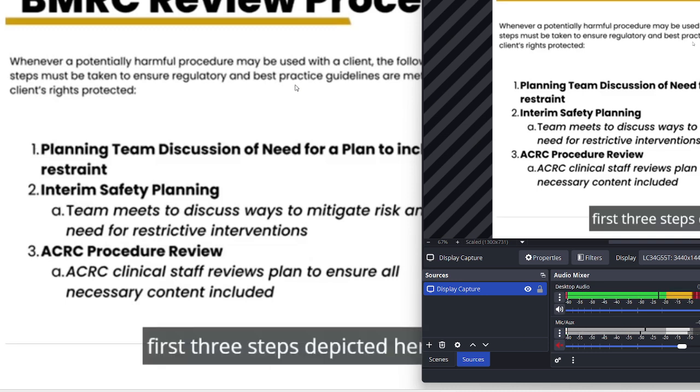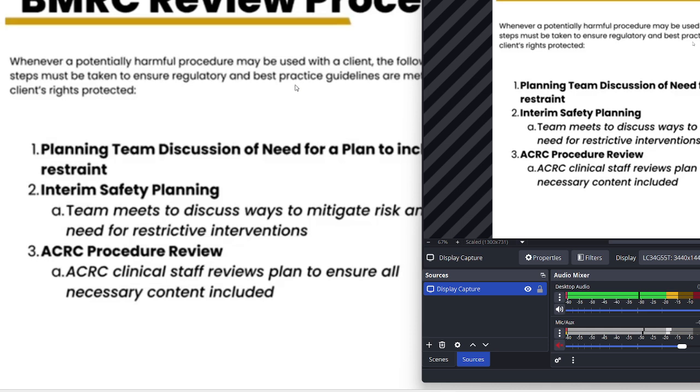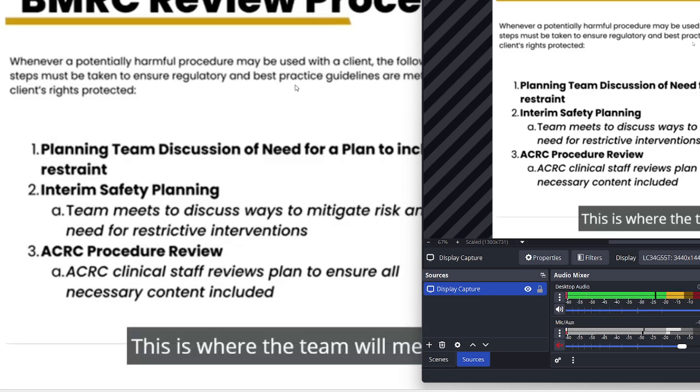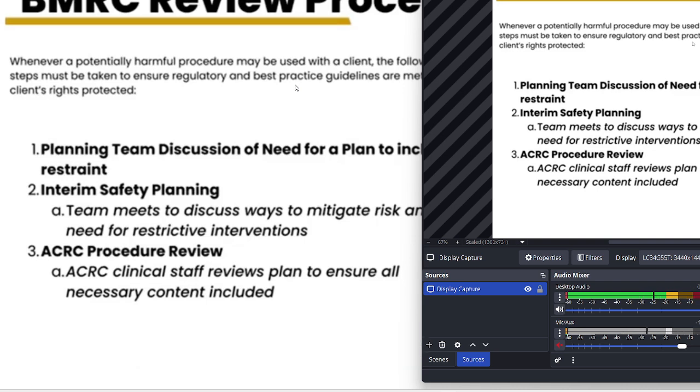The first 3 steps depicted here are simply planning: team discussion of the need for a plan that includes restraint, interim safety planning. This is where the team will meet to discuss possible ways to mitigate risk and need for restrictive interventions.